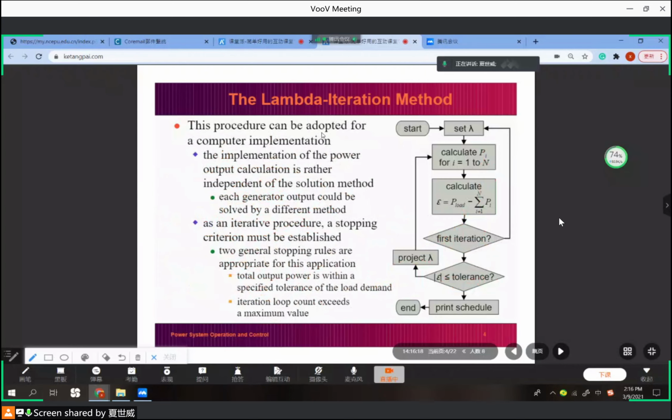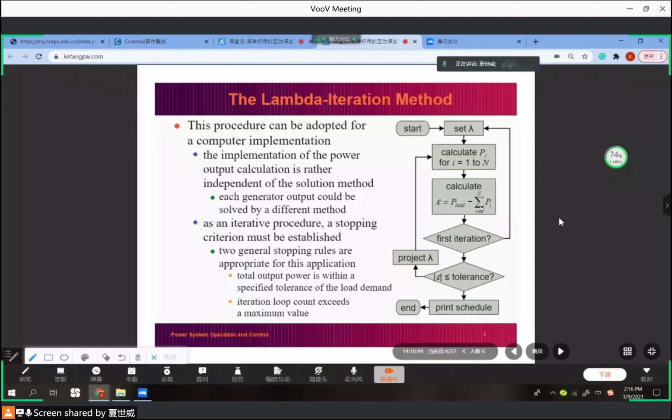So the iterative procedure to solve the equilibrium dispatch is like this. First, you guess the lambda and calculate the Pi based on this lambda, and then you calculate the error between the total load and the total generation. This is the first iteration. If the error is smaller than the tolerance, that means the total generation is very near P-load.